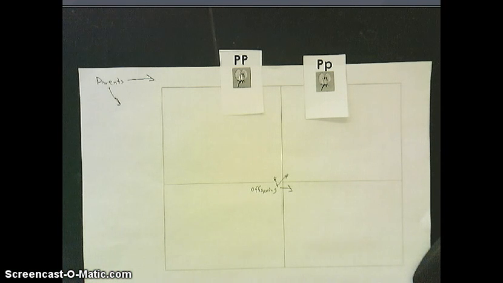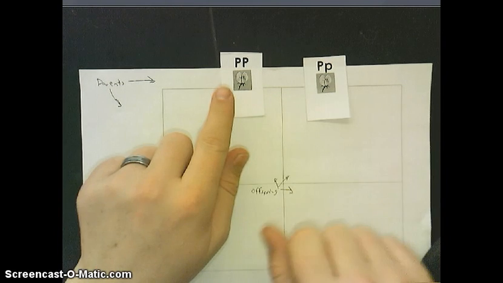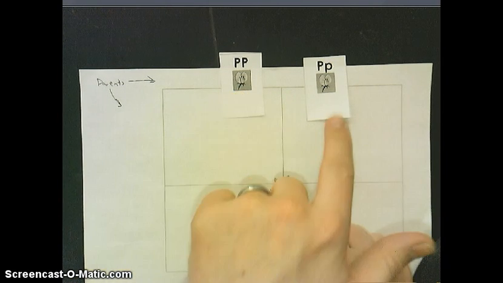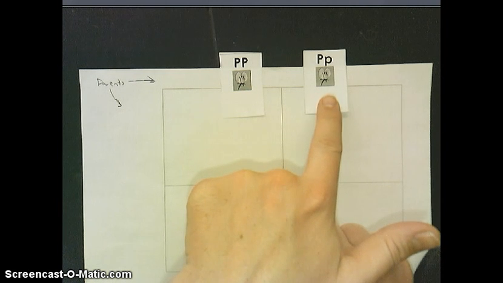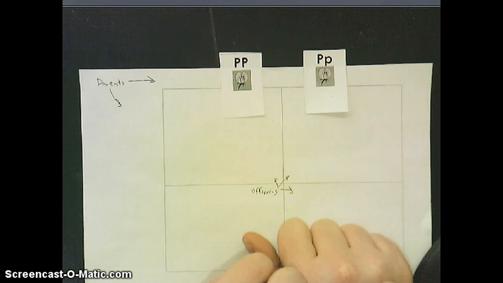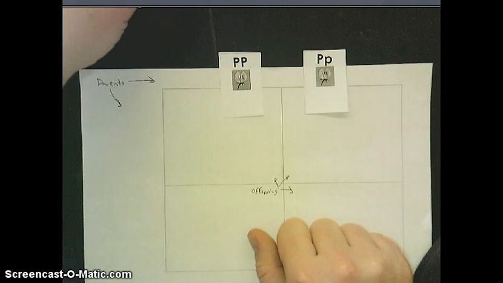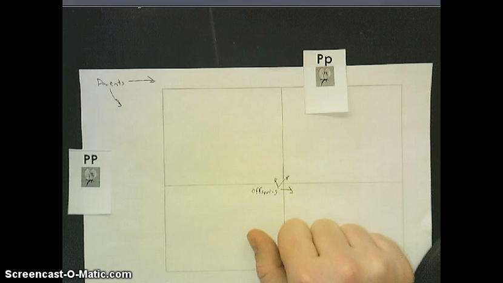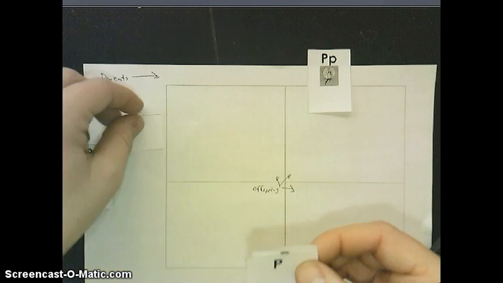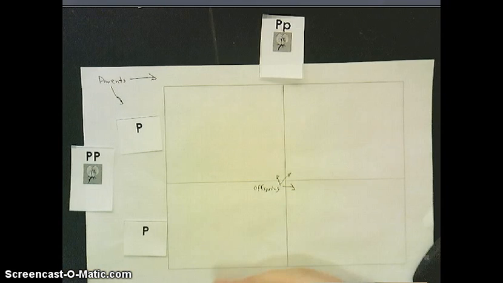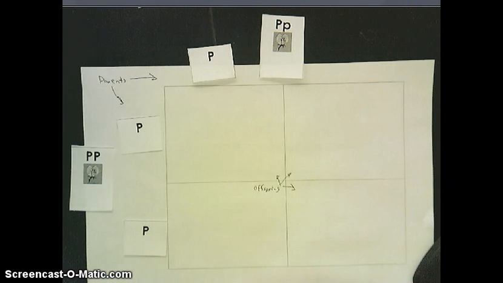Welcome back. When you set up your Punnett Square, you should have started with a homozygous dominant parent and a heterozygous parent. Both of them will appear purple. Each of these alleles will get separated during meiosis, so the homozygous dominant parent will separate into a capital P and a capital P, and the heterozygous parent will separate into a capital P and a lowercase p.